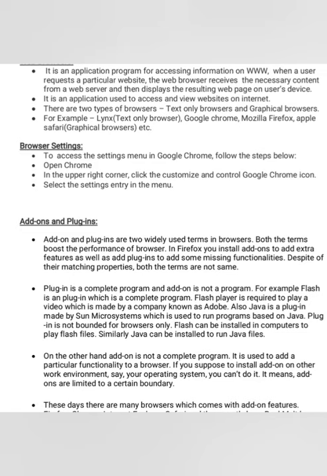So an add-on is something you have downloaded, and you can't simply transfer it to some other place. It is a particular function which is attached to your browser only.